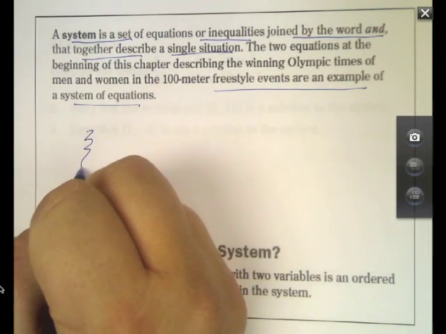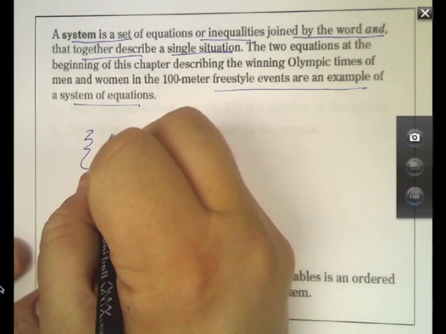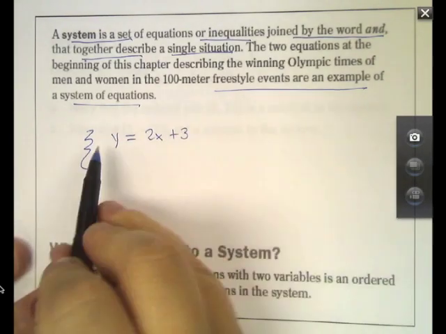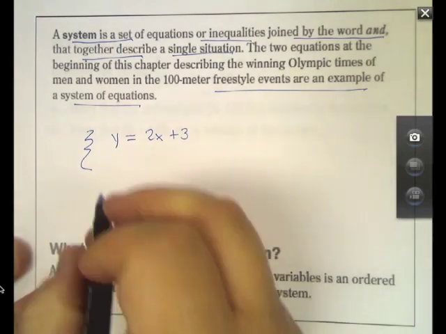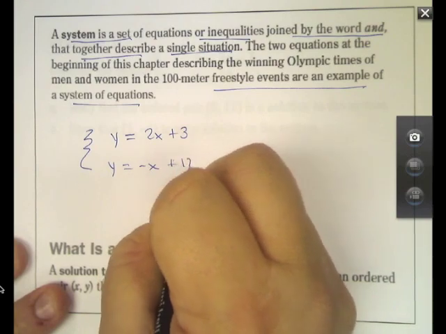Here's what a system looks like. You have a bracket, and it contains two or more equations. So it could look something like this: y equals 2x plus 3. Remember, that's a linear equation. And another one could be y equals negative x plus 12.